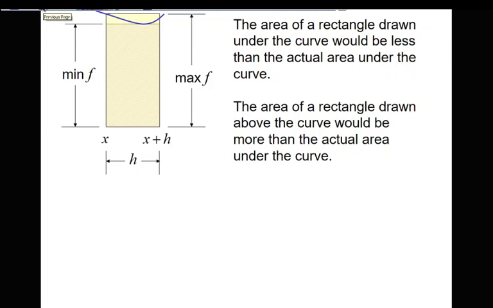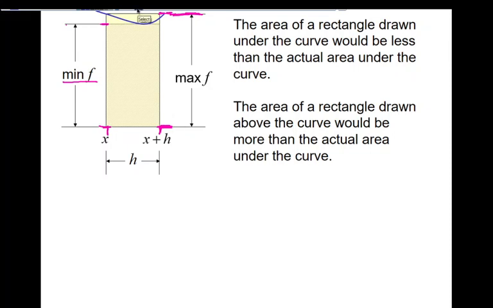So this area from here to here, that's the minimum area that my area can have, basically talking about if we used an inscribed rectangle. Then this height here, with the same width, is the maximum area that it could possibly be. So my actual area has to be somewhere in between.